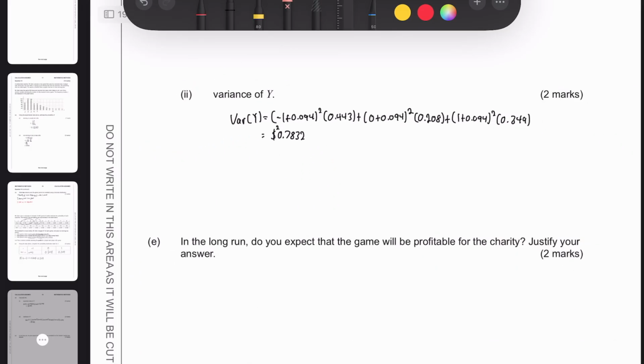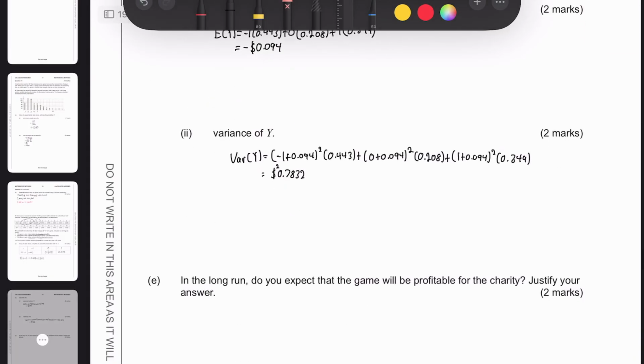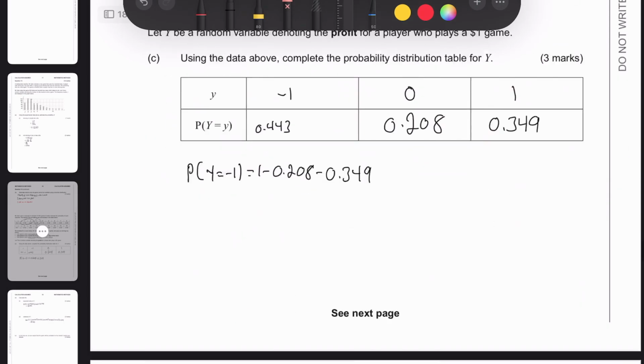Now, do you expect any profit for the charity? Justify your answer. So since the player is losing money, that obviously means that the charity is going to be winning that money.